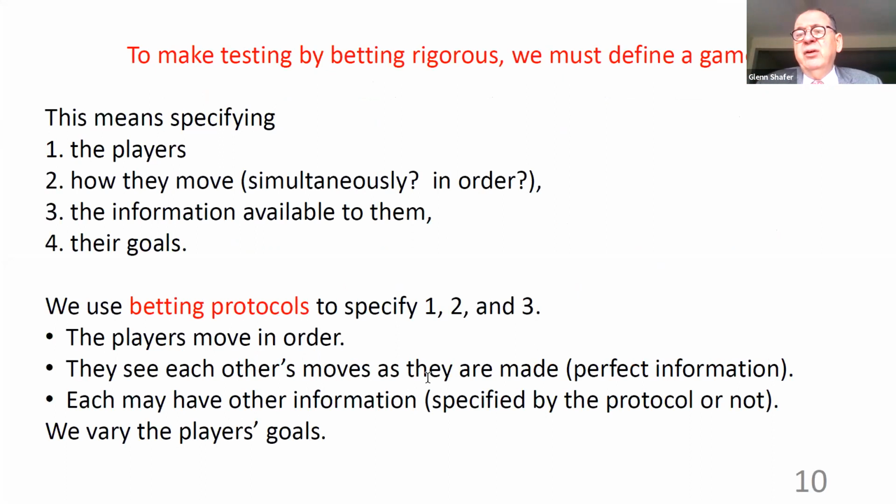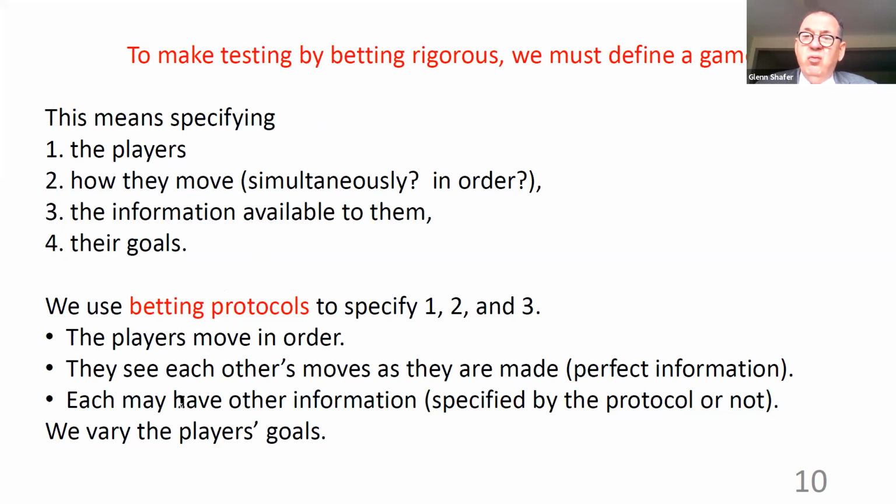So I want to introduce here the idea of a betting protocol. That's what this slide is about. This here, I already said it, what we have to do to specify a game. A betting protocol does part of that. It does 1, 2, and 3. The betting protocol doesn't say what the goal is, but it says who the players are, how they move in order, and what information they have.